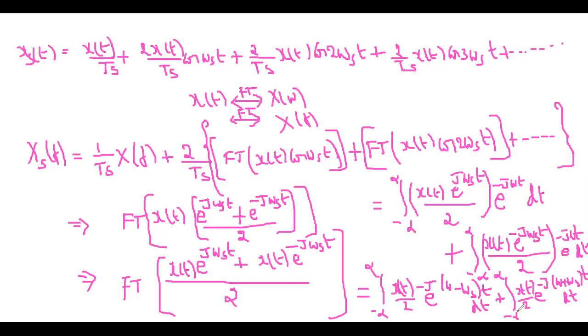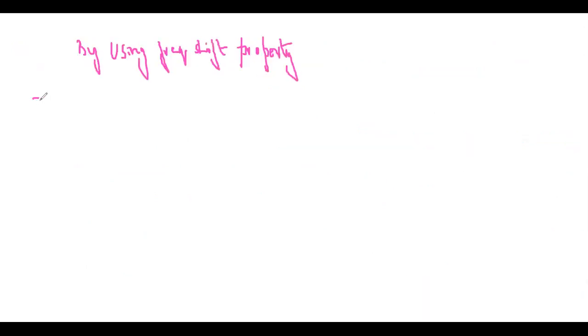That is equal to 1 by 2 into x of omega minus omega s plus the second function 1 by 2 into x of omega plus omega s.